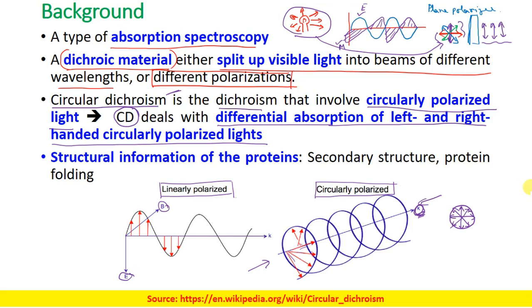Now why is this important? This is important because the analysis of circular dichroism spectra allows you to gather structural information of the proteins in biology. Basically it helps us in secondary structure determination and protein folding and misfolding.